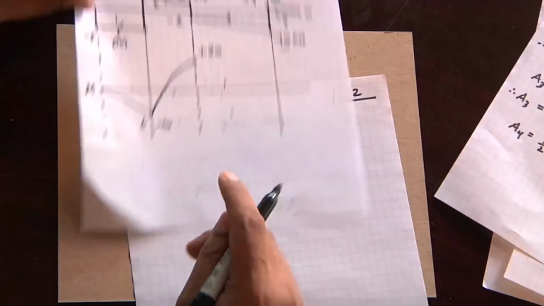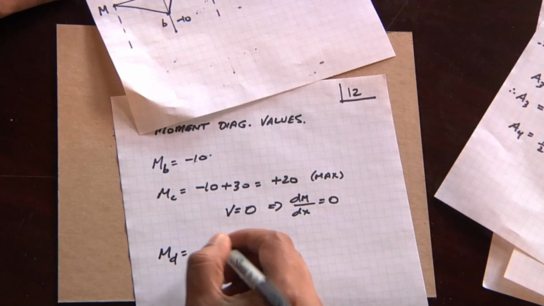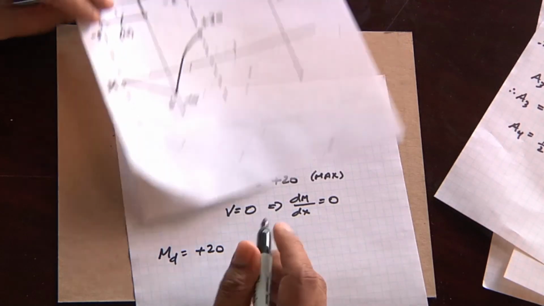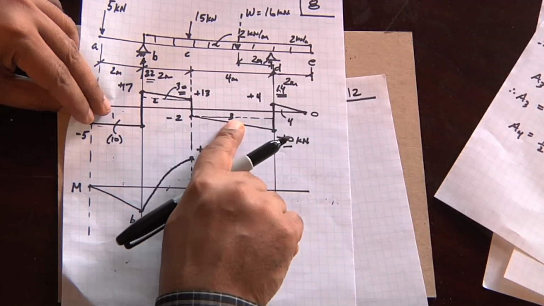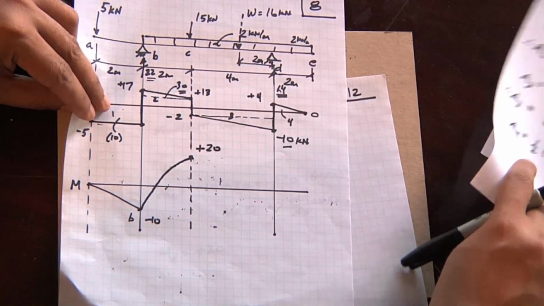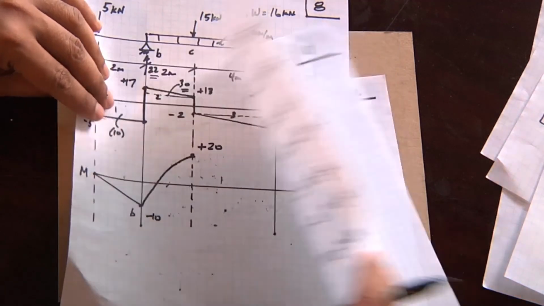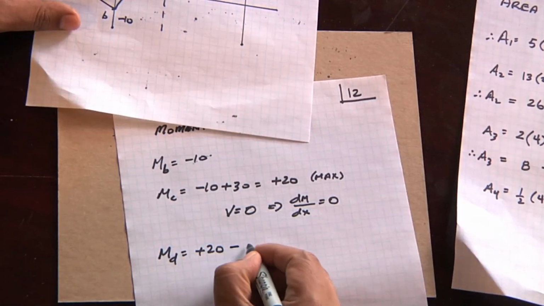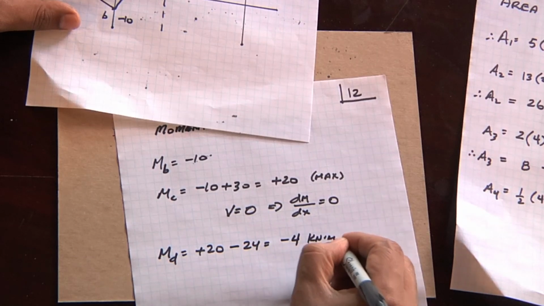And then MD I should say, is going to be plus 20 minus the area, what we labeled as area 3. Going back to sheet number 11, area 3 was minus 24. So you have plus 20 minus 24, you end up with minus 4.